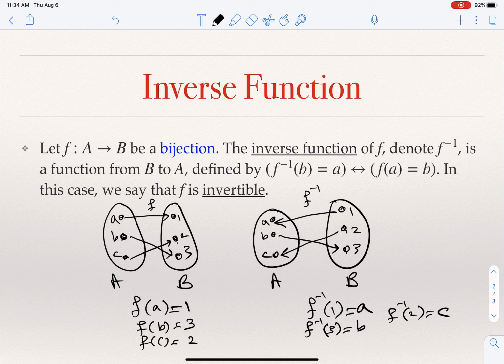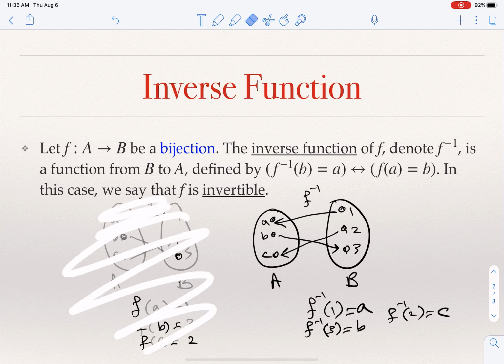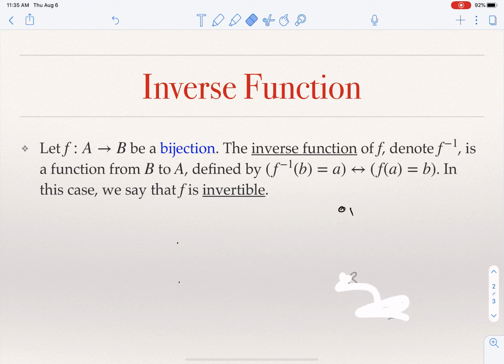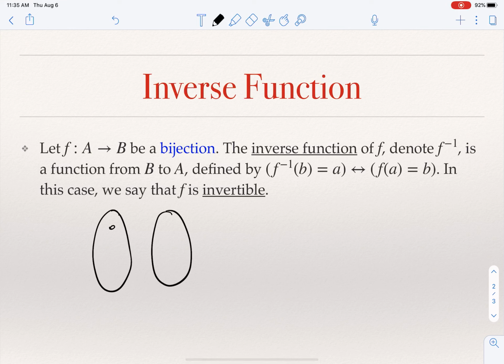So if I want to illustrate this diagrammatically here, let me erase this, and let me draw a function that's not one-to-one. So if I have this function, for example, this is not one-to-one, so I have two elements that map to the same thing. Let's call them A and B, and this is 1.